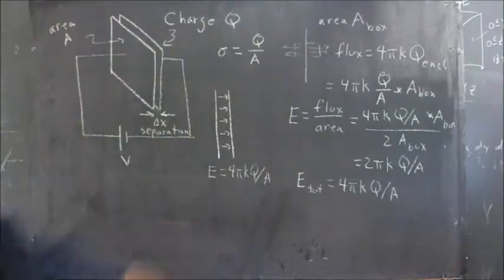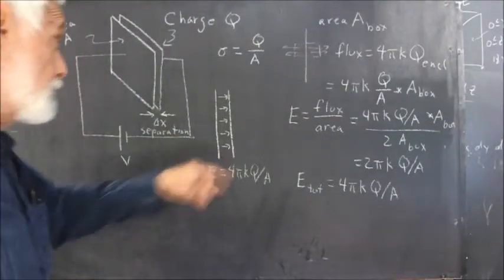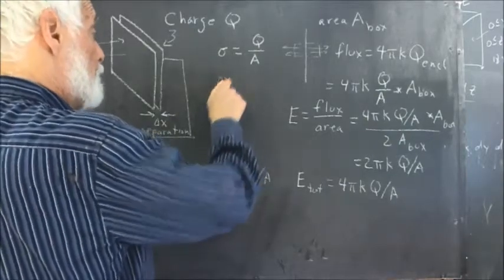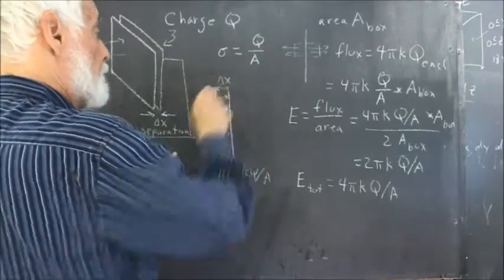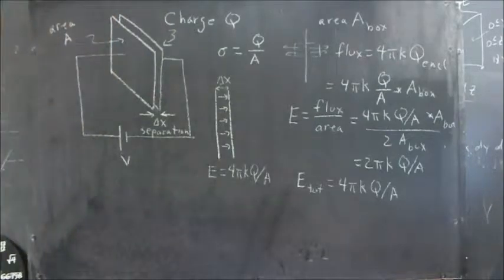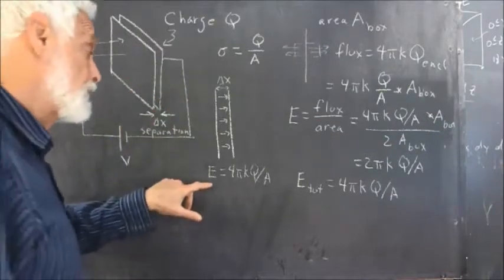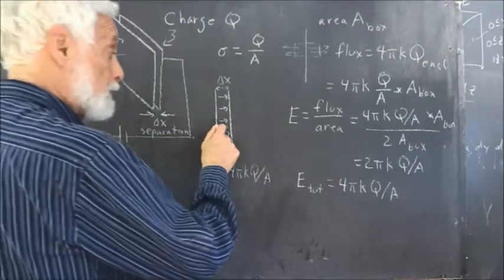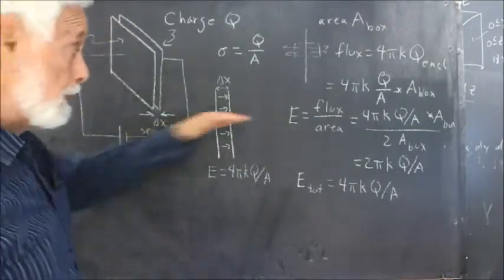Now, separation of the plates is delta X. So that the energy per unit charge, or the voltage between the two plates, is going to be equal to E times delta X. We just imagine moving directly from one plate to another, perpendicular to the plates.